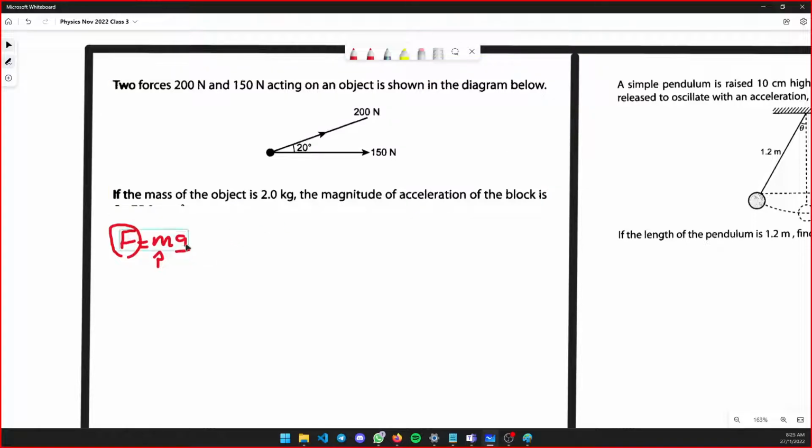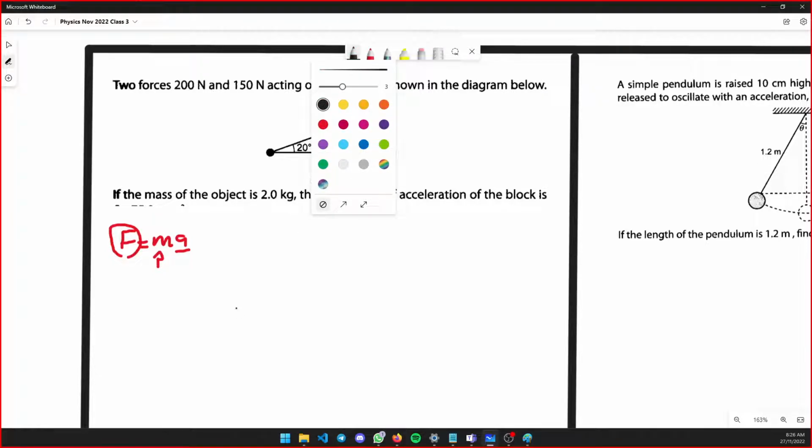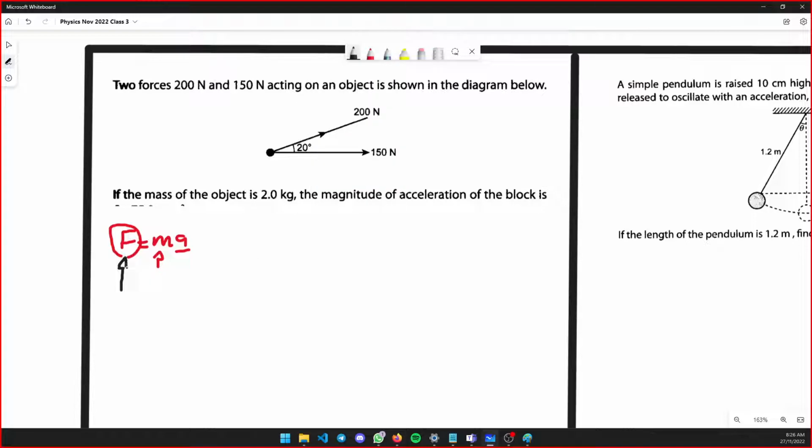They want the acceleration first. If you wanted to find the change in velocity, you would have to know if it was at rest first. But we do not know when it was at rest or when it is even moving. There's no time period here, there's only forces. So the best thing you can do in this setup is to break it down by the forces and find the force acting on it.